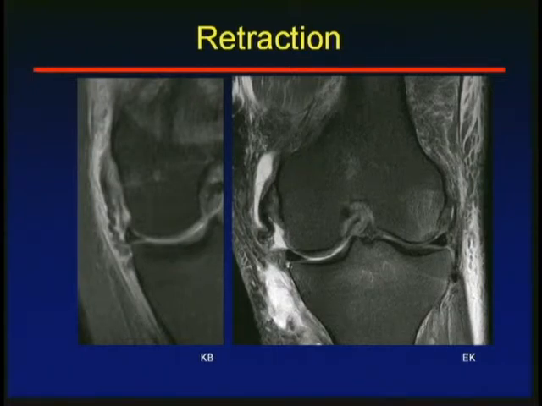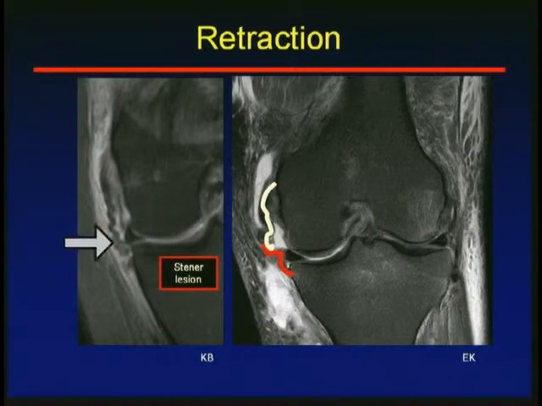But the pattern that we will see is somewhat akin to a Stener lesion, where we have a nubbin of tissue here, which could be portions of the meniscotibial ligament that have been torn, perhaps portions of the semimembranosus that have been damaged, but the medial collateral ligament seems to get stuck on something, and we try to characterize what exactly it is that it's entrapped on.